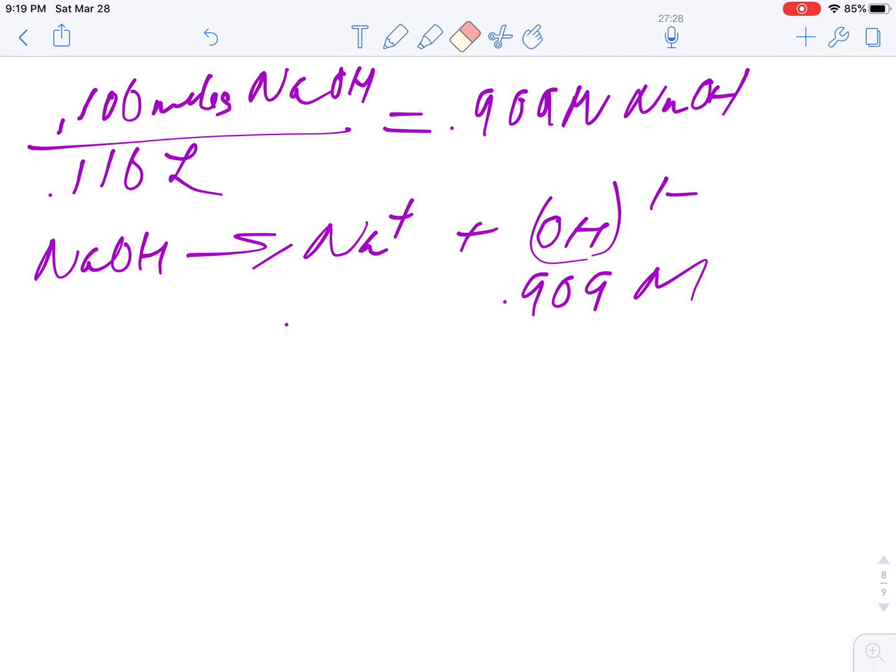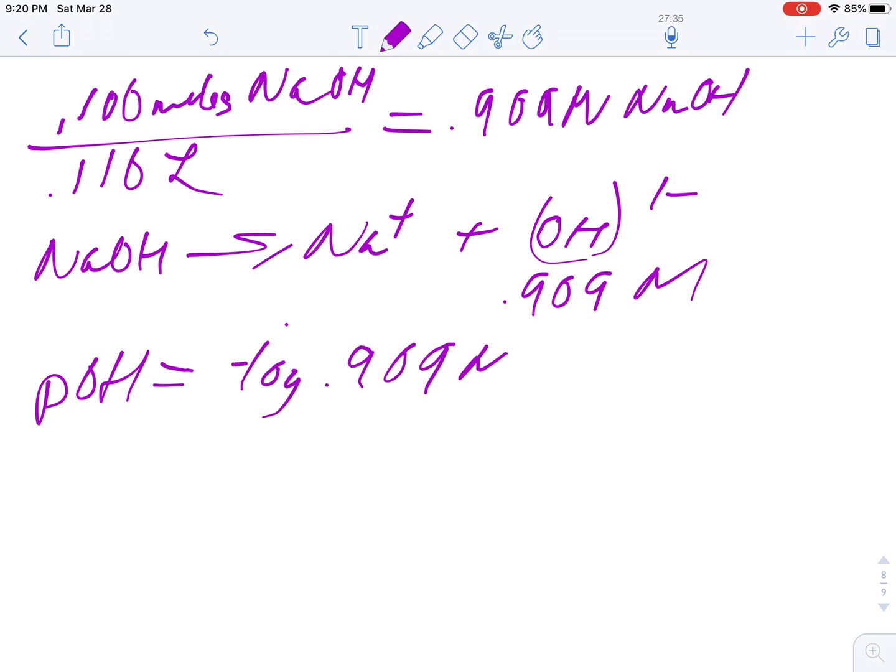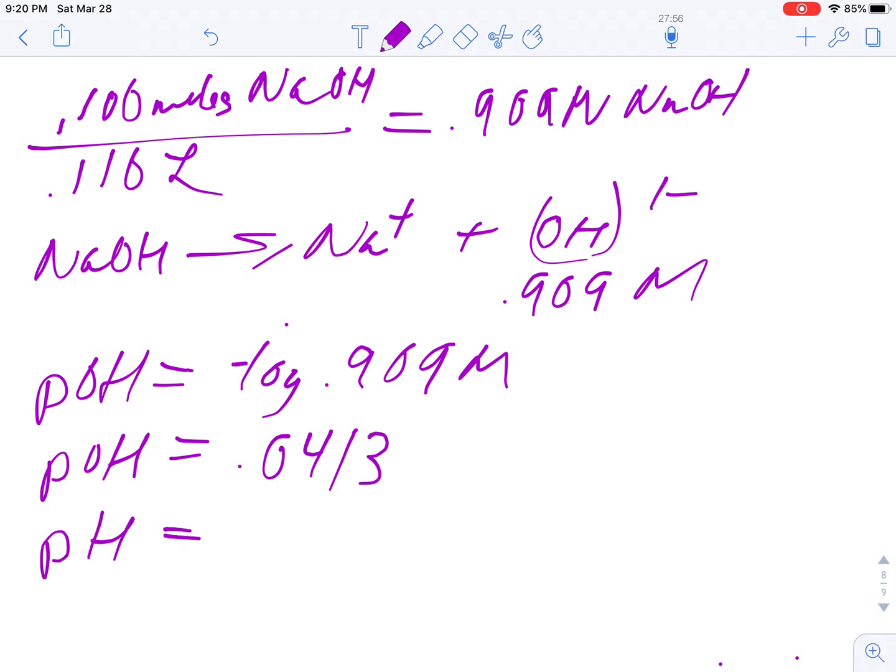So the pOH is going to be negative log 0.909. So my pOH will be, and therefore my pH is going to be 13.95.